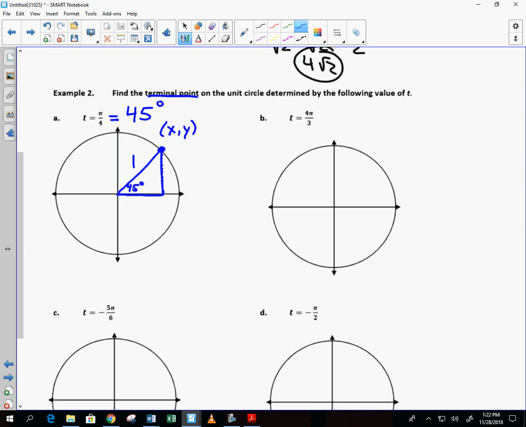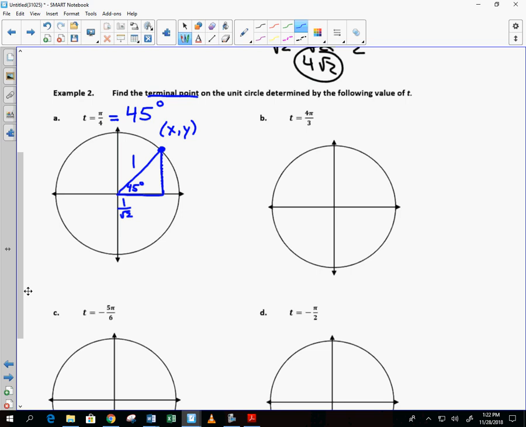Now, I have to figure out how to go from this length to this side. In order to go from this side to the hypotenuse, I multiplied by the square root of 2. So to go from here to here, I divide by the square root of 2. So this side is 1 divided by the square root of 2. Can I have a square root in the denominator?